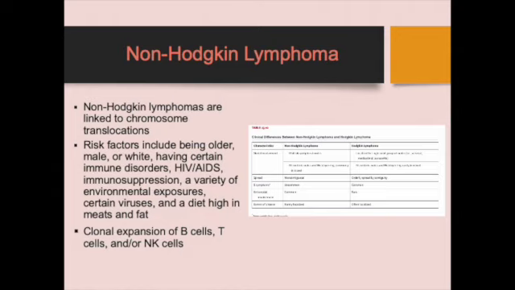And then there's also what we call a high-grade lymphoma, and this is a very aggressive type of lymphoma. But lymphomas are generally classified as low, intermediate, or high grade.